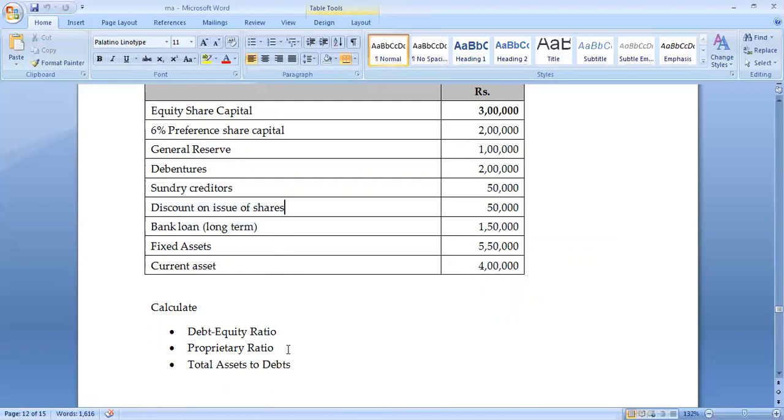So now the proprietary ratio considers all the shareholders' funds along with the total assets. So total assets is given here, right? So fixed assets and current assets are given. Add together becomes the total assets. Clear? And there is total assets to debts. Total assets are computed. Debt is 2 lakhs plus 1,50,000, so 3,50,000 is the debts.